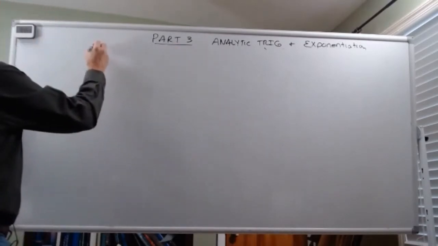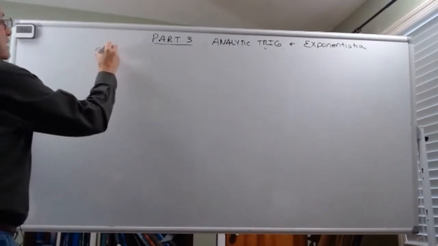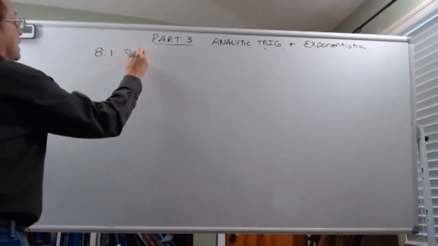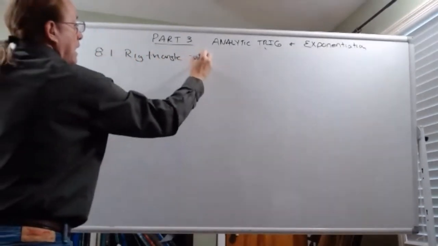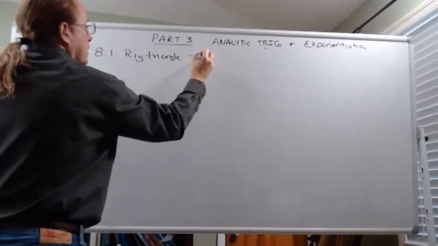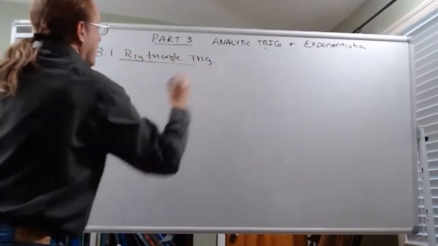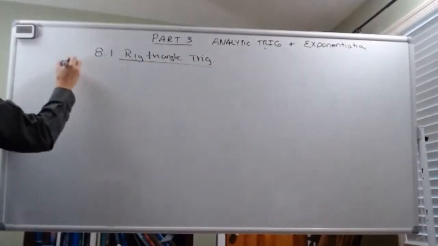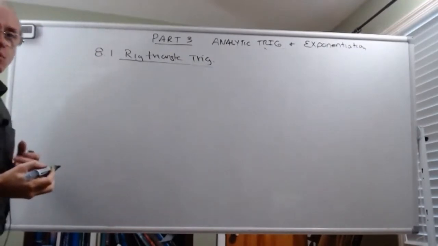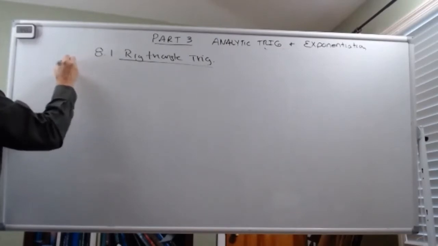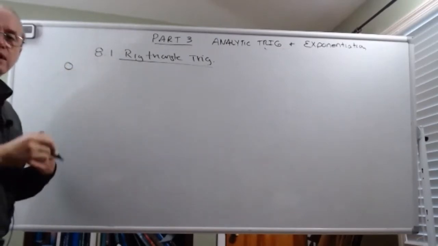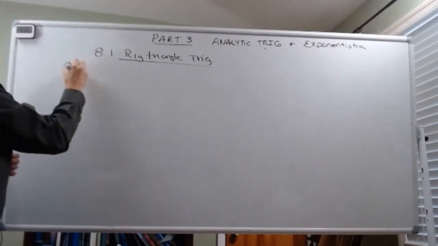So we're dealing, again, with right triangle trig. And what is going to be our focus? What is the objective? The objective between 8.1 and what we're going to see starting tomorrow in 8.2 is to solve a right triangle.